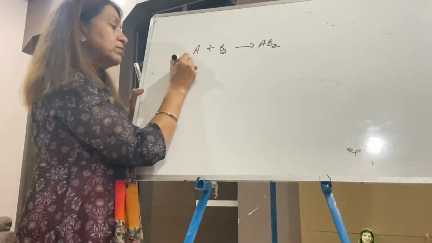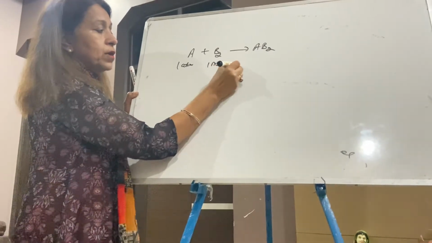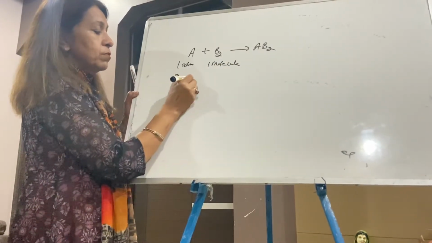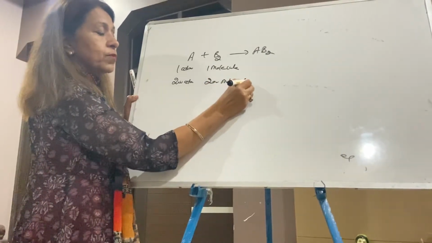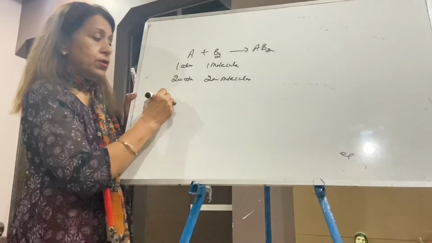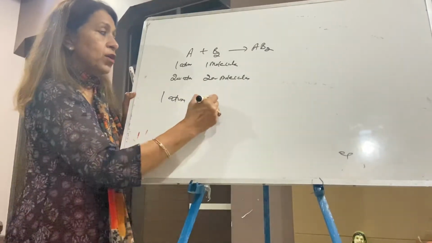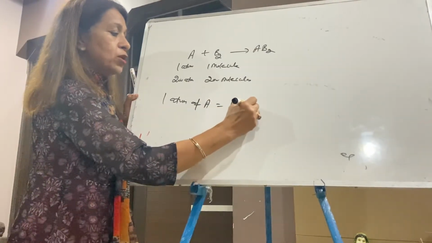Write here one atom, and here one molecule, since B2 is a molecule. Write here 200 atoms and 200 molecules. The question is just which one is the limiting reactant. Now how will you do it? One atom of A reacts with one molecule of B2.